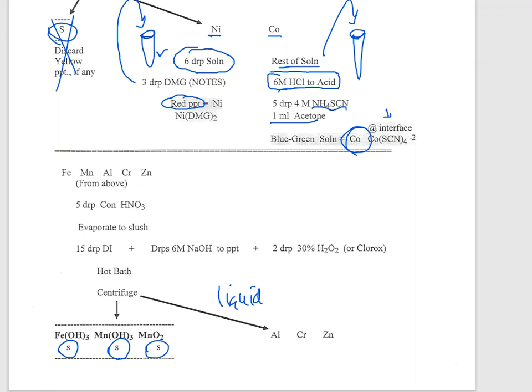All right, so with that said, good luck. Before you get finished with the lab, you need to check your answers. And you need to check your answers because there is a probability that you will not be able to determine every single cation the proper way.